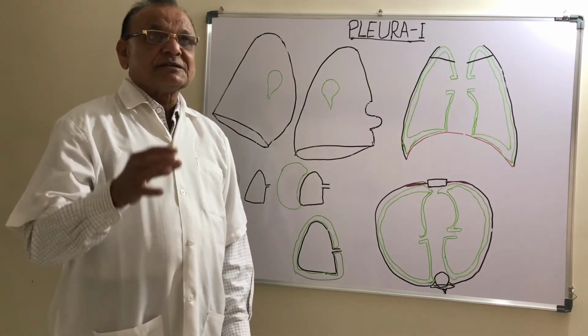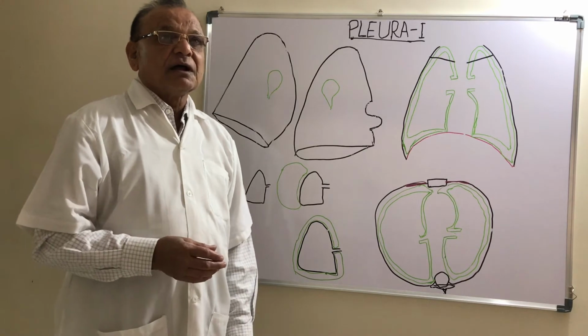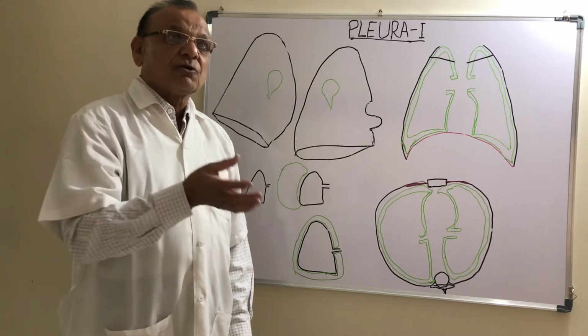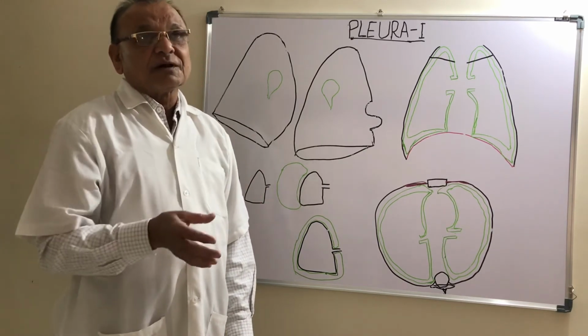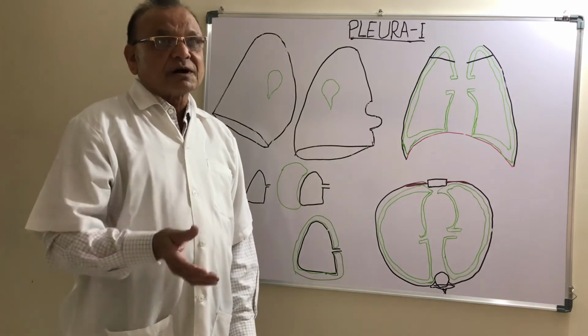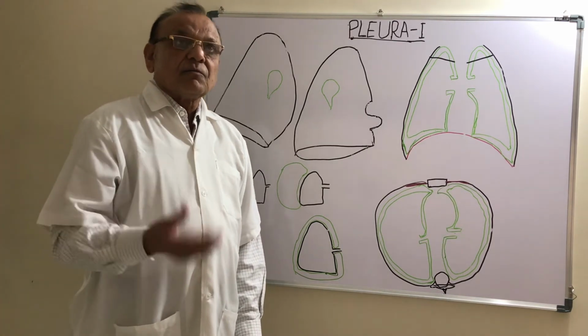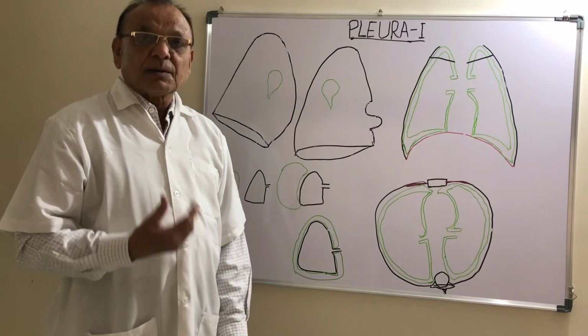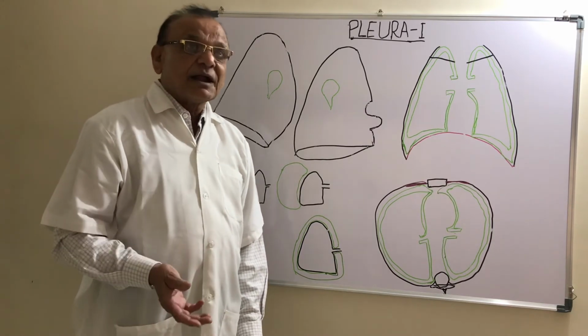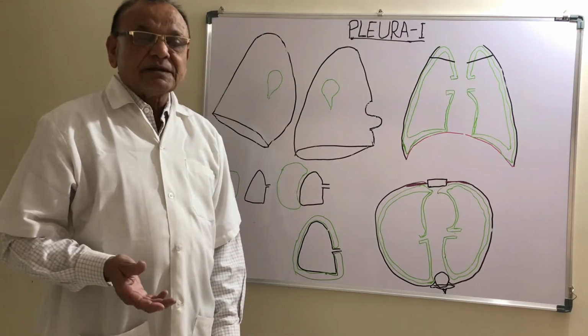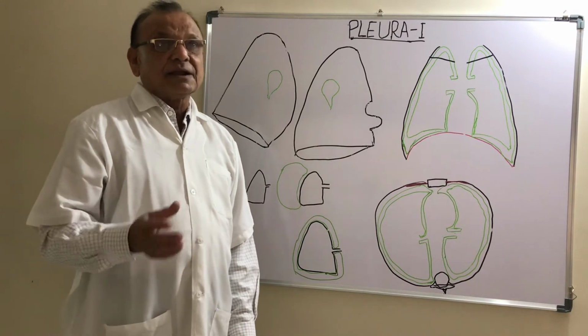So these structures pass through the hilum, and either enter or come out from the lung. They are the bronchus, pulmonary artery, pulmonary vein, bronchial artery, bronchial vein, lymphatics and nerve.